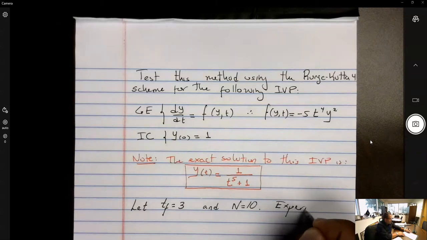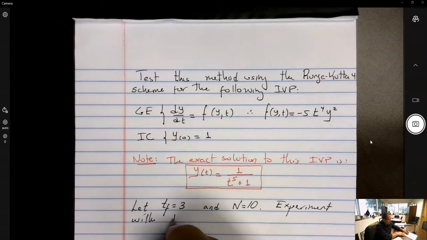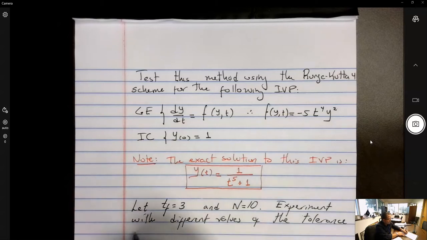Experiment with different values of the tolerance epsilon, such that you go from 10 to the minus 1 all the way to 10 to the minus 6 and see what happens.